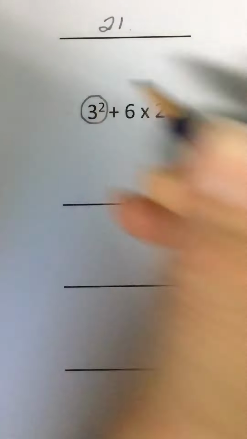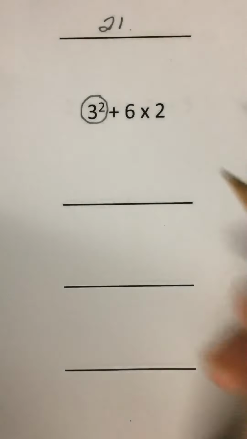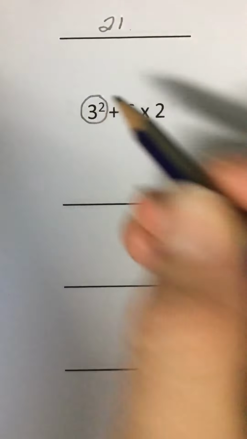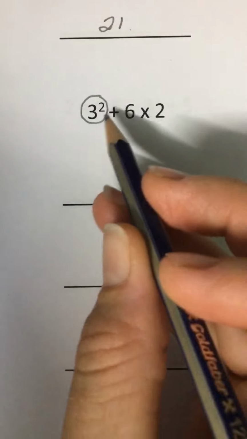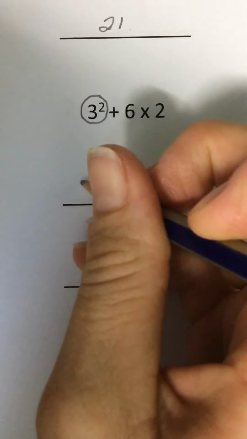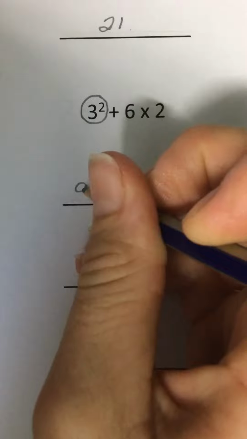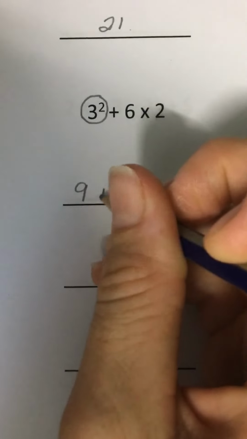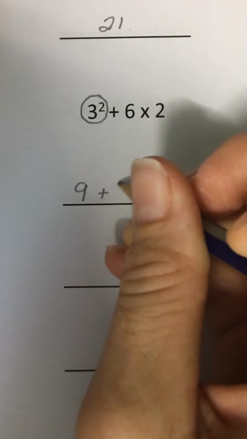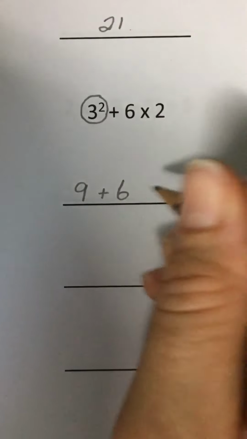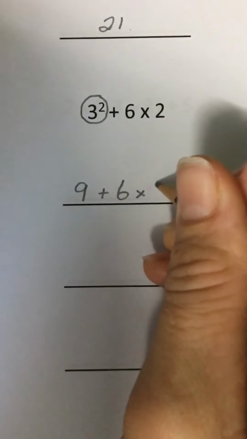So go ahead and circle that one. Okay, 3 to the power of 2 is 3 multiplied by 3, which is equal to 9. So we'll rewrite that equation using the 9 in place of 3 to the power of 2, because they mean the same thing.